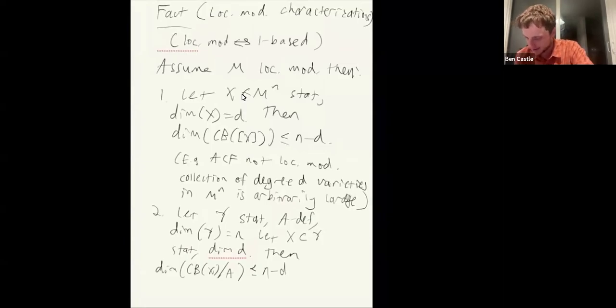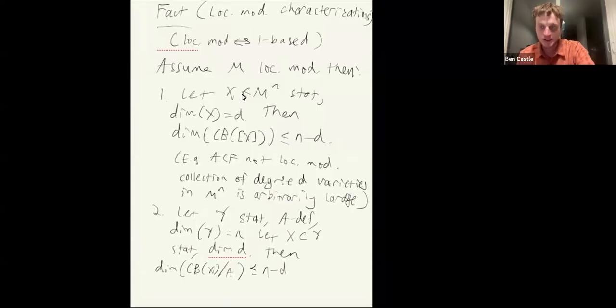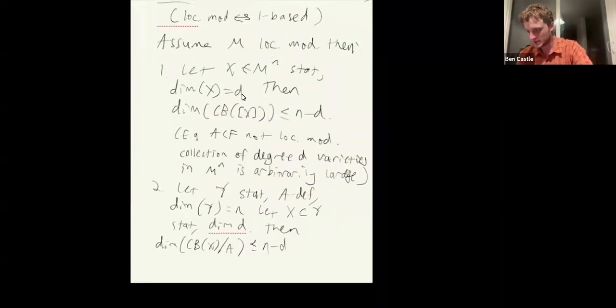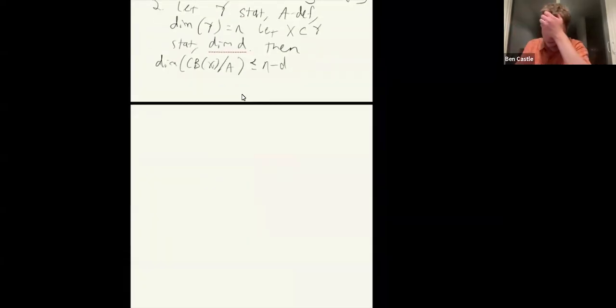But again, it's saying that inside an n-dimensional set, any family of d-dimensional sets has size at most N minus D. Okay, and then 3 is the cleanest statement, but the one that you have to think about the most.